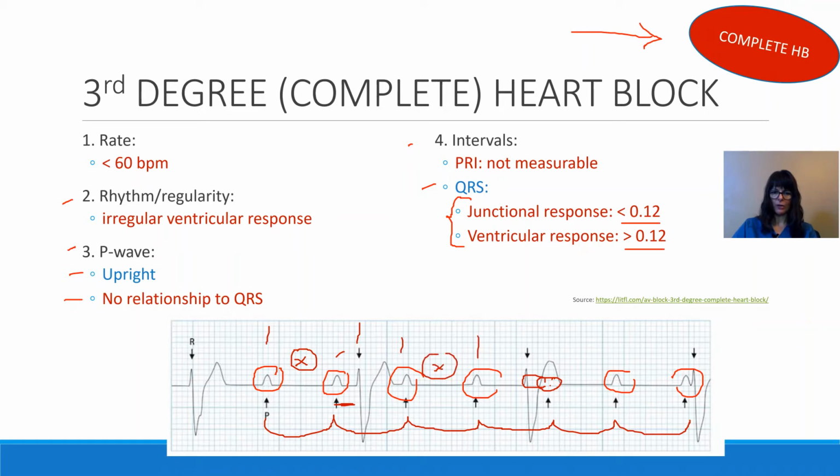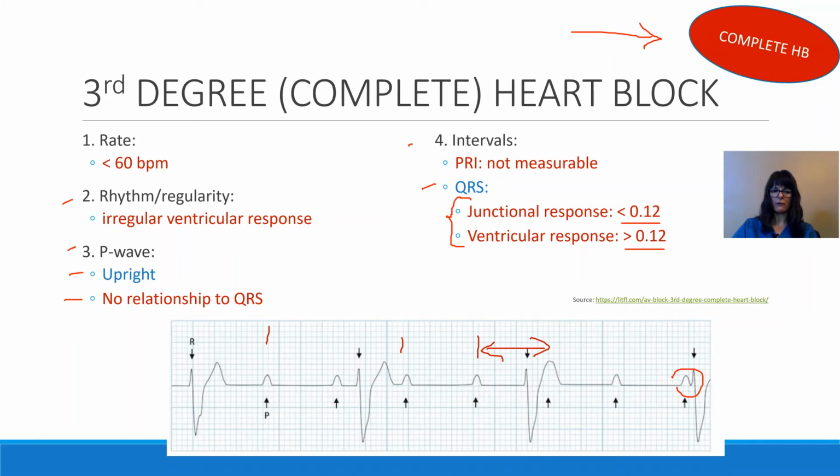This P wave, the distance is much greater to the next QRS. So there is really no rhyme or reason to the relationship of the P waves to the QRS complexes, which means that there is this dissociation between the atria and the ventricles. Therefore, the PRI is not measurable.